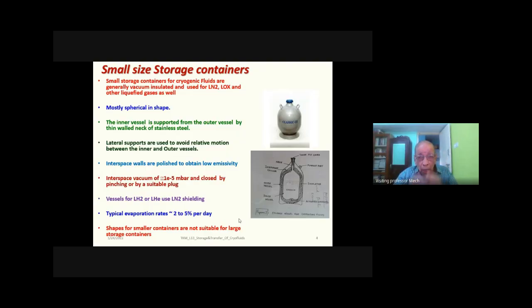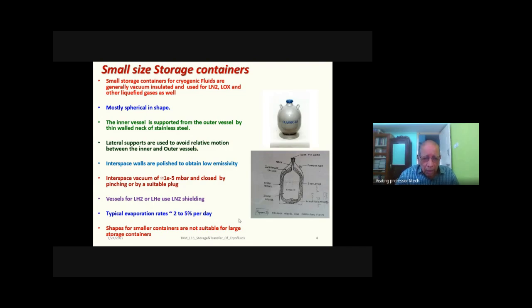Of course, nowadays you have the glass storage vessels up to a certain volume, not very large sizes. And to cut down the radiation heat transfer, coating of the inner surface is done, with highly polished surfaces made inside, so that you will be able to get a system which can also take care of radiation heat loads.